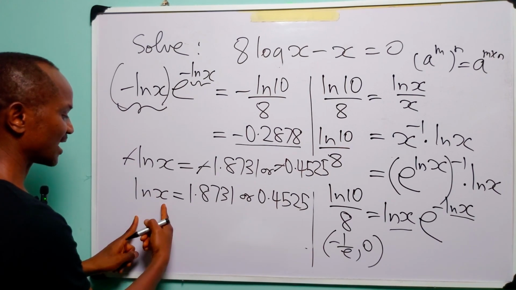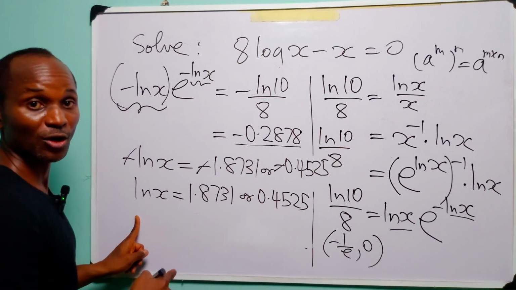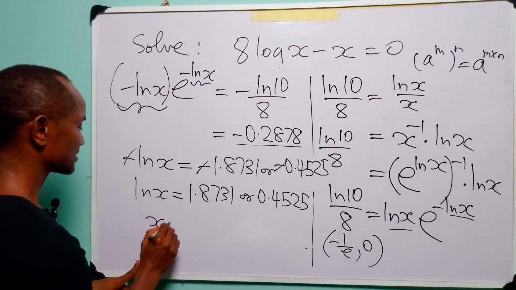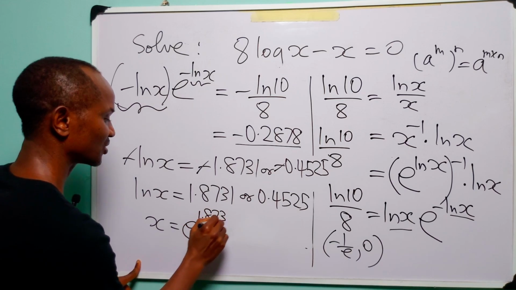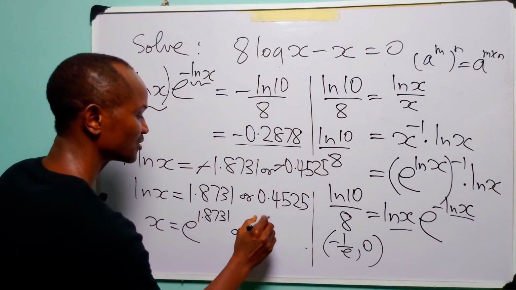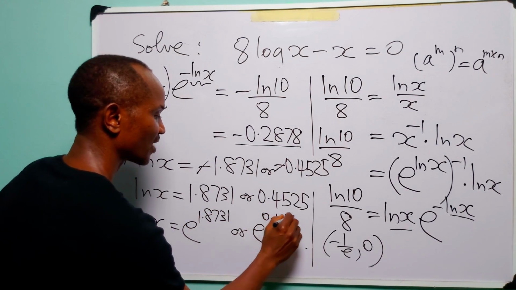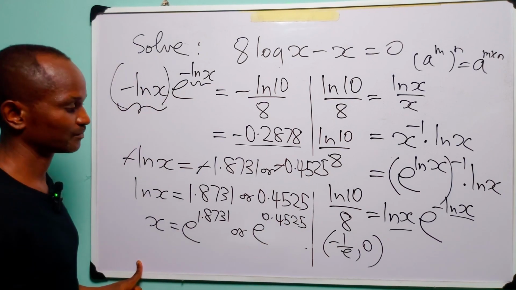You know that when you have ln x is equal to a number, it simply means that x is equal to e raised to power that number. So x is equal to e raised to power 1.8731 or e raised to power 0.4525.